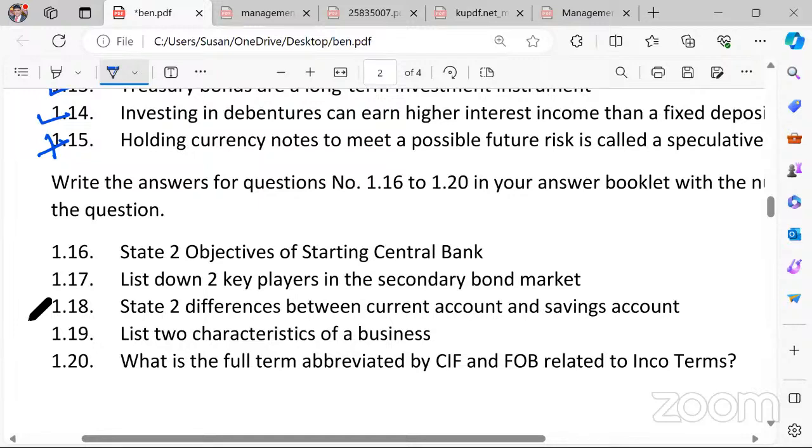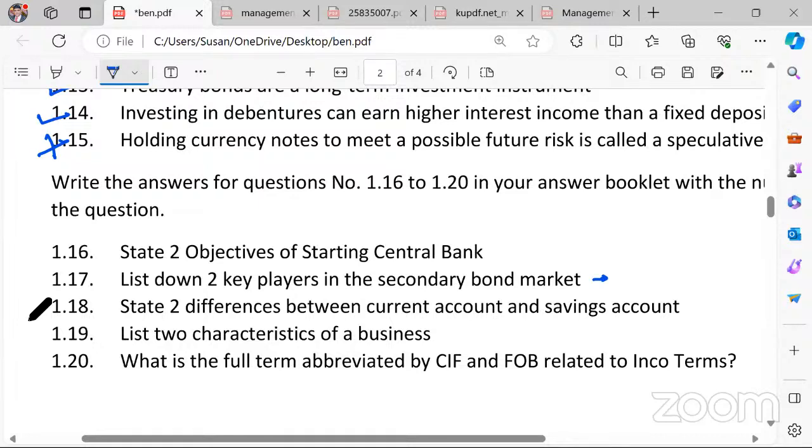List down 2 key players in the secondary bond market. In the bond market, there are the primary bond market as well as the secondary bond market, right? In the primary bond market, there is the central bank, and there are commercial banks and primary dealers. Only primary dealers and commercial banks can buy bonds directly from the central bank.